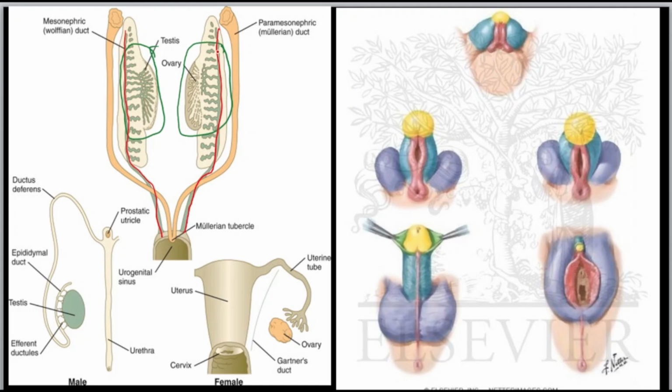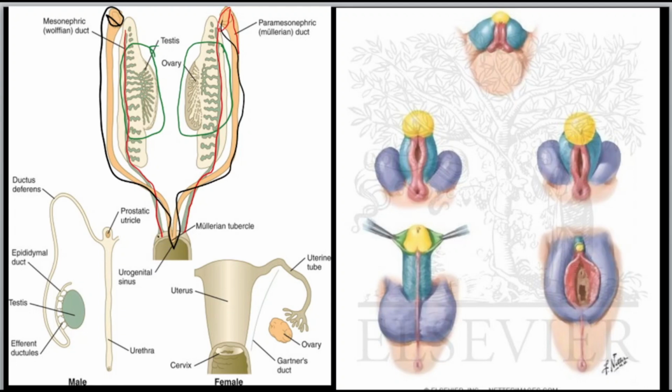Lateral to this mesonephric duct, there is a pair of genital ducts known as the paramesonephric duct. Another name is Mullerian duct. These are two in number, lying lateral to the mesonephric or Wolffian duct. This gives rise to the internal genitalia of the female.